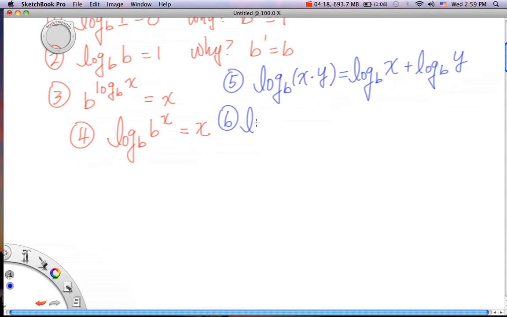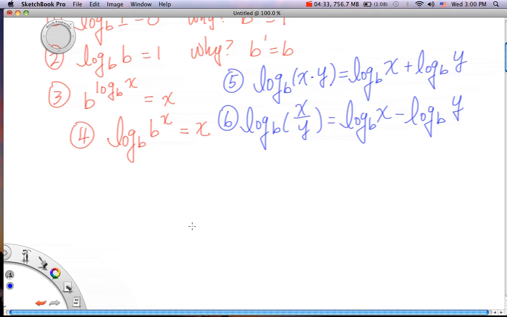Now the same thing for division, as you can imagine. The multiplication and division rules often work in opposite ways, so this would be subtraction. So if you have multiplication of two things before you take the log, that is the same as taking the log of each thing and then adding them together.